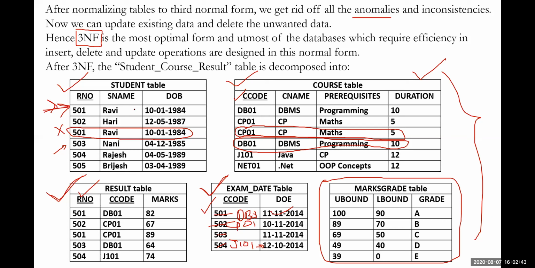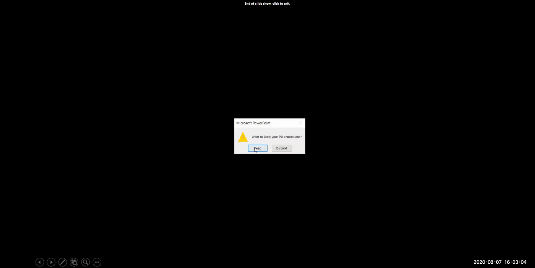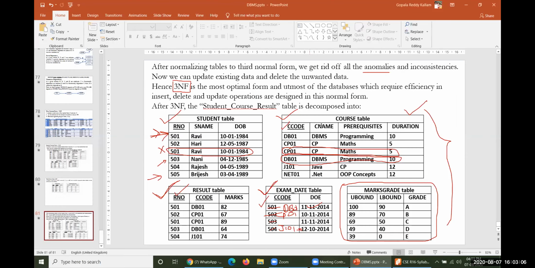By tomorrow, I'd like to show you how these things will be entered: how the data will be entered with the first tabular form, and after decomposition, how the data could be entered. Let me show you everything by tomorrow. So this is the normalization up to third normal form. We needed to explain first, second and third normal form in the same class, so it's very important.